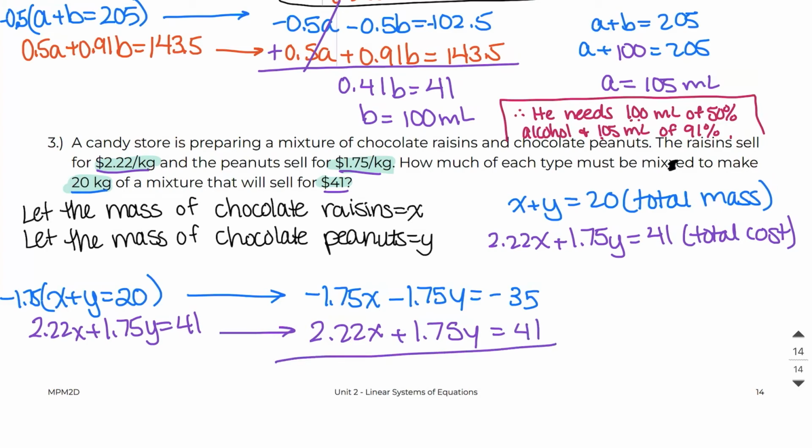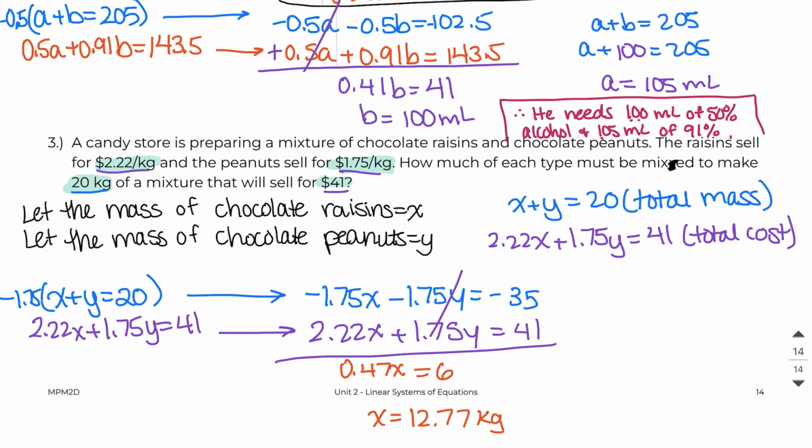So when I put these together, the y's cancel, and I can go ahead and put these two terms together, and I get 0.47x, and that would equal, when I combine negative 35 and 41 together, 6. Now divide both sides by 0.47 and x would equal 12 point, this doesn't work out perfectly, we'll say 12.77 kilograms.